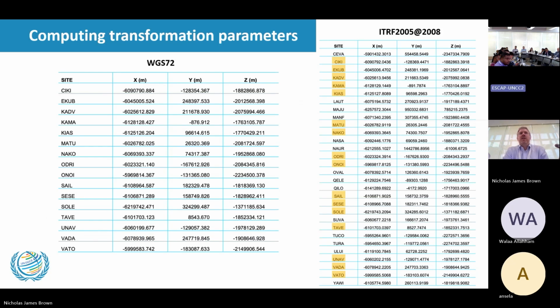So here's a list on the left-hand side of the data in WGS72. And then on the right-hand side, they've got a list of the coordinates in XYZ from ITRF 2005 at 2008. And the ones in yellow just reflect where we had consistencies across the 2 data sets. So they're the common ones that we had from old and from the new.